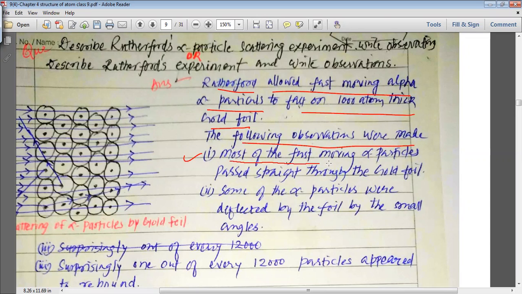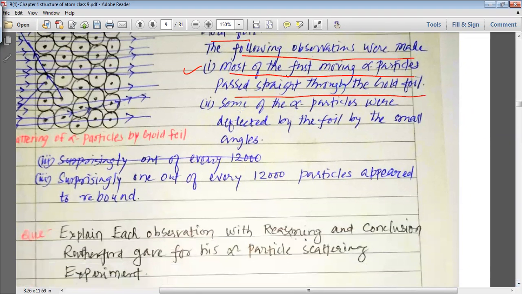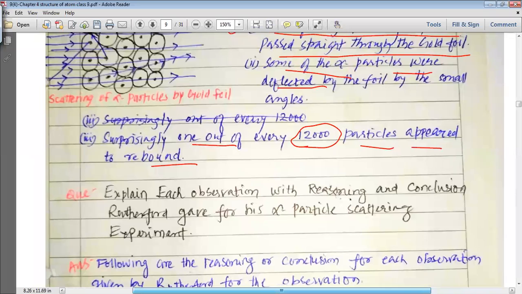First, most of the fast-moving alpha particles passed straight through the gold foil. Second, some of the alpha particles were deflected by the foil by a very small angle. And surprisingly, out of 12,000 alpha particles, one particle appeared to rebound, coming back in the same direction or in the same medium. This is what was observed.